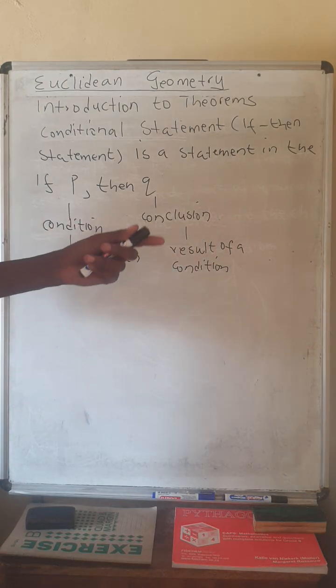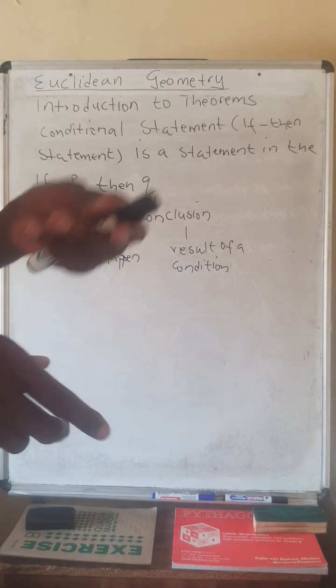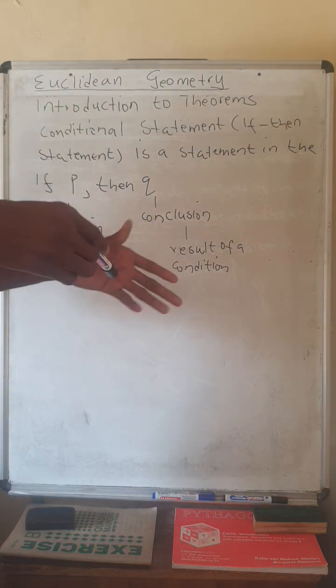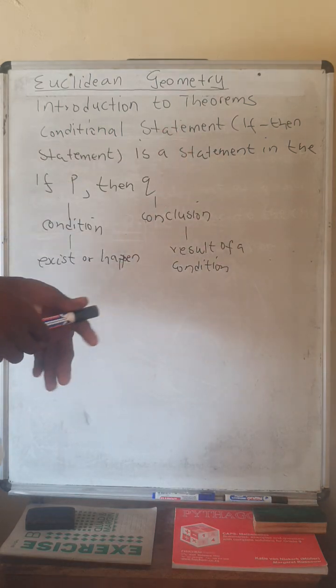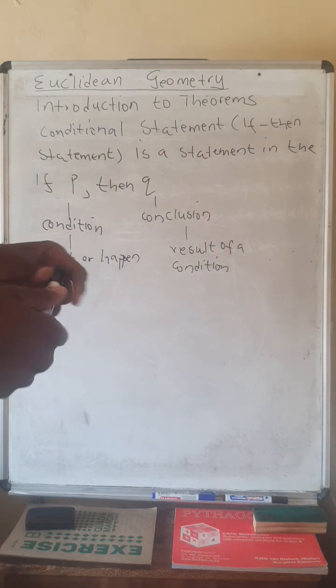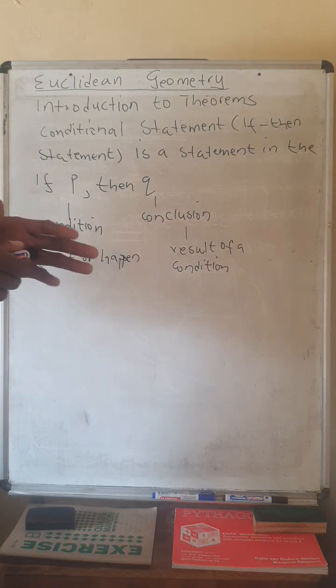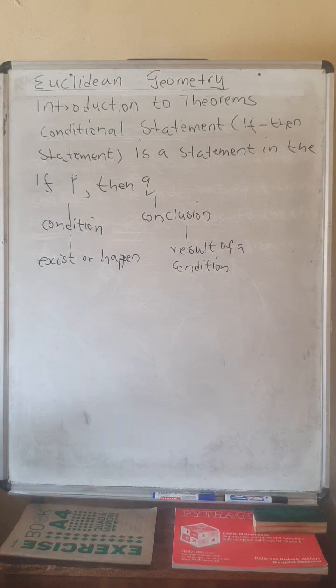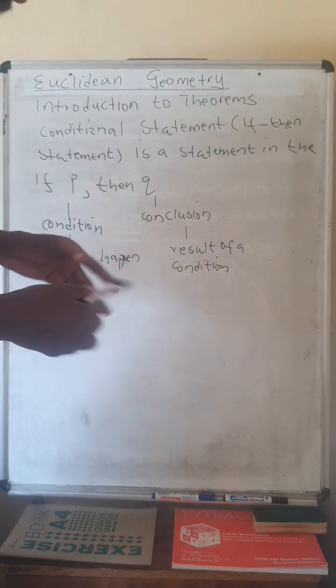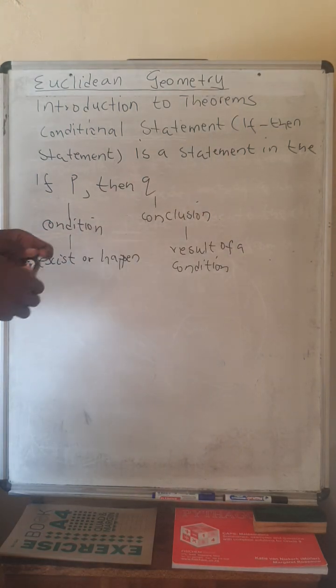A conditional statement consists of a condition and a conclusion. It tells you that if one thing happens, then another thing must happen as a result. Now let us get deeper into this. There are things in life we do hoping that something else will happen.